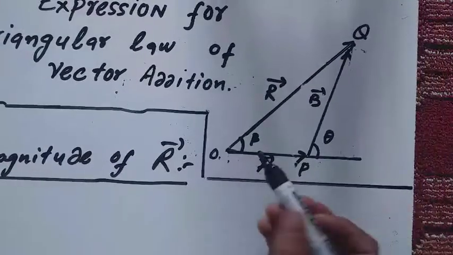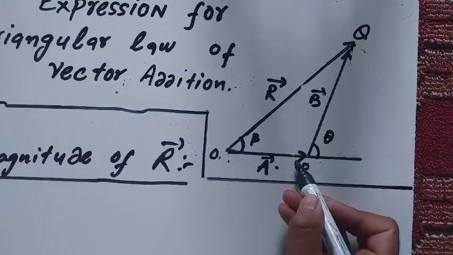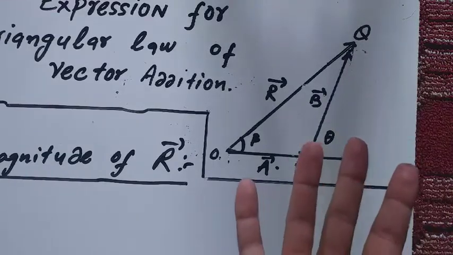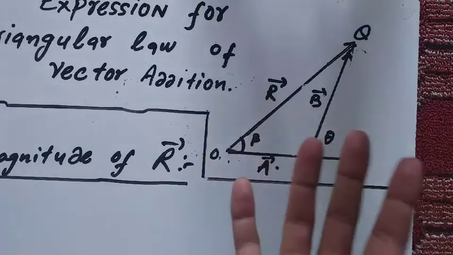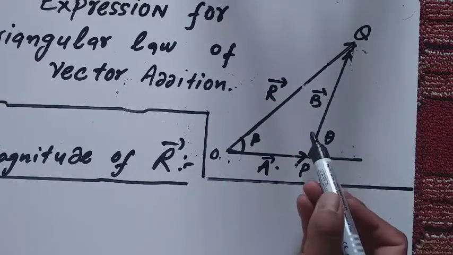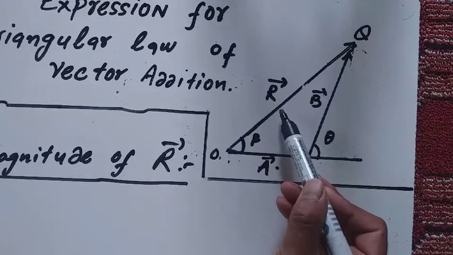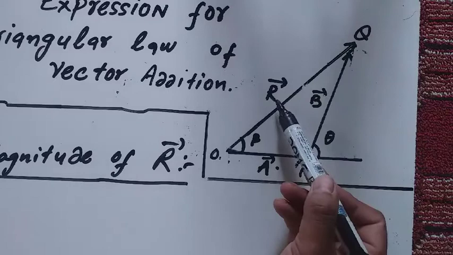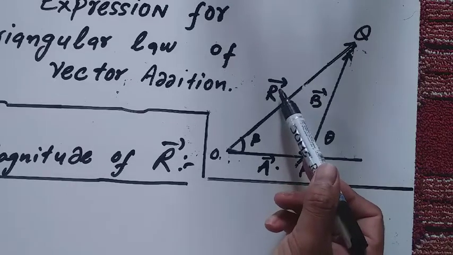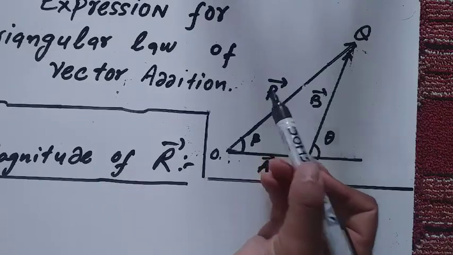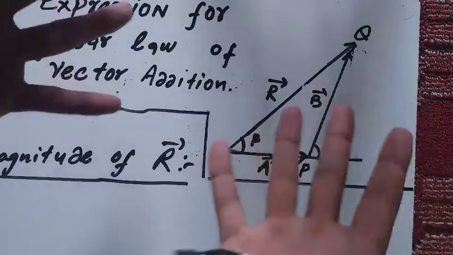Here we have a vector A in this direction and another vector in this direction, which are applied on a particle, on a system, simultaneously at the same time. And the resultant of these two gives us R, that is, the resultant direction as well as resultant magnitude. But we must find this R. What is actually this R? The expression of this R.